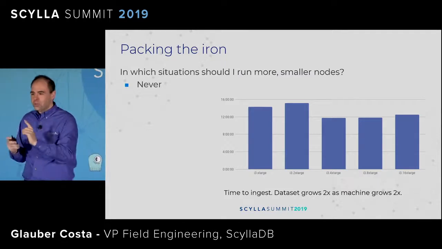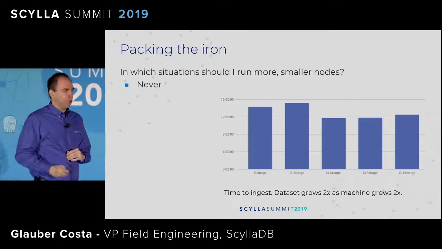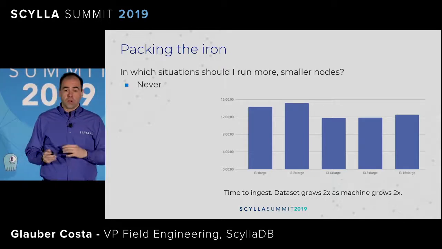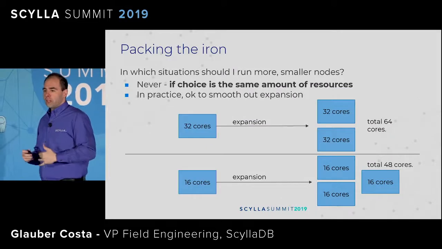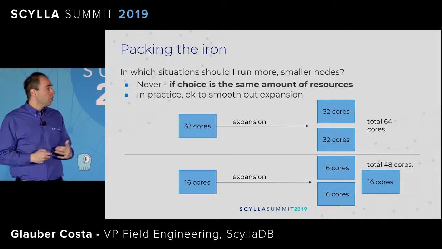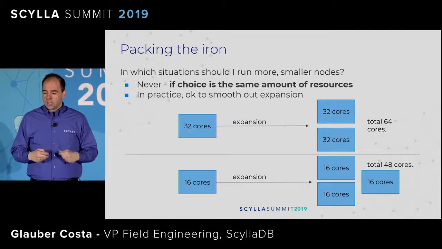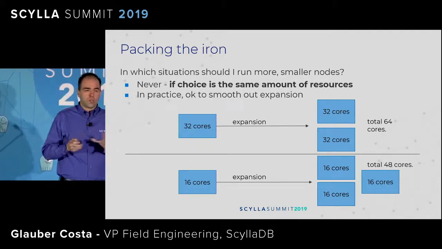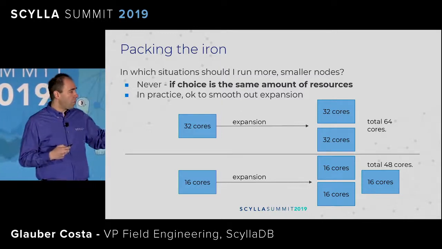There is one situation in which I'm okay if you're going to run smaller nodes. And what is that situation? When your cluster is small enough, so that when you are expanding, you don't necessarily want to double. So in our example here, you have 32 cores total, and I want to expand it.